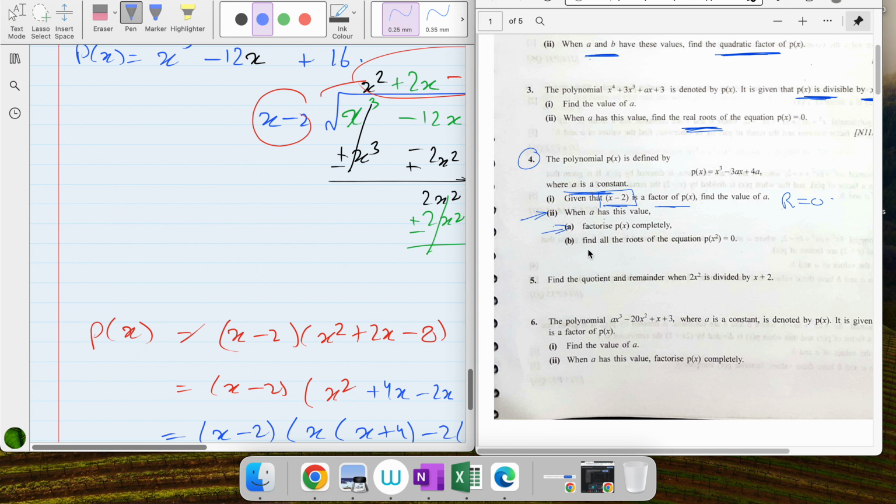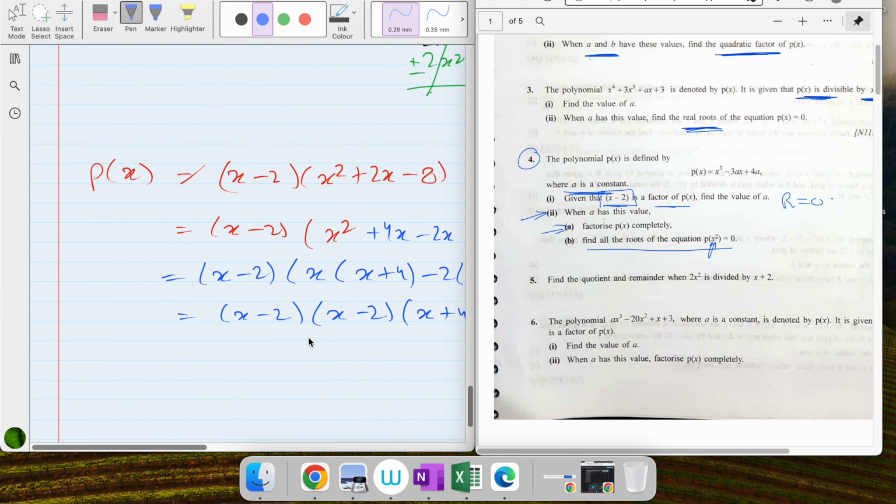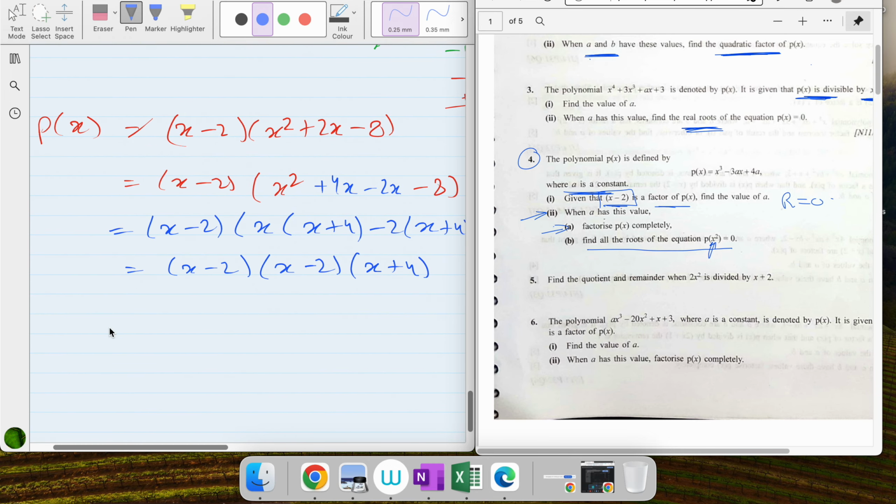And B part says find all the roots of the equation p of x square is equal to 0. So you see, we just substitute x square in place of x. So when we already have these roots, if I just plug it in, I'll get x square minus 2 into x square minus 2 into x square plus 4.